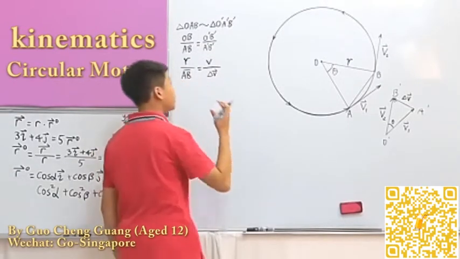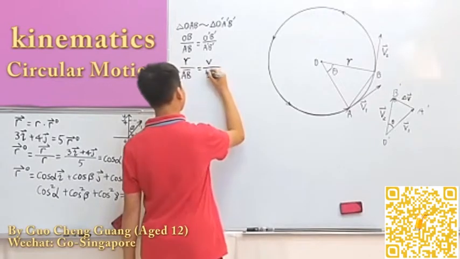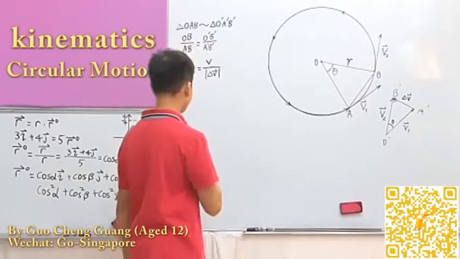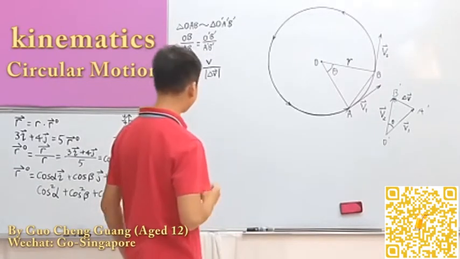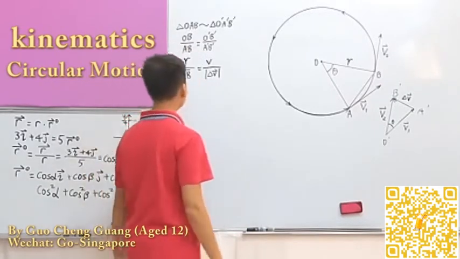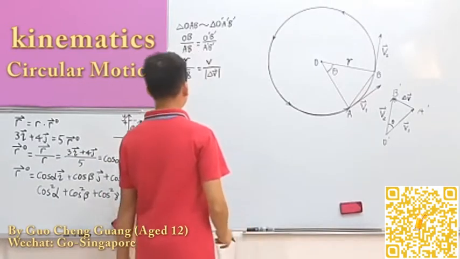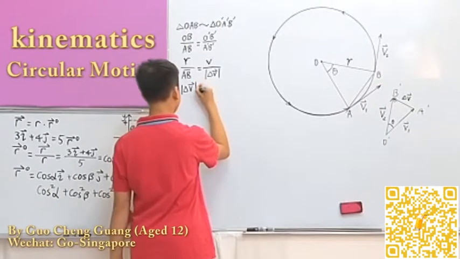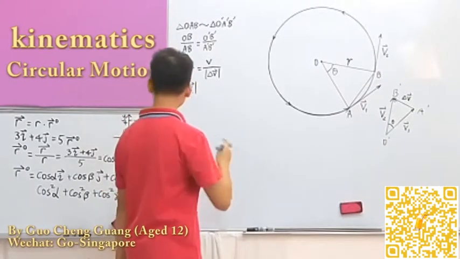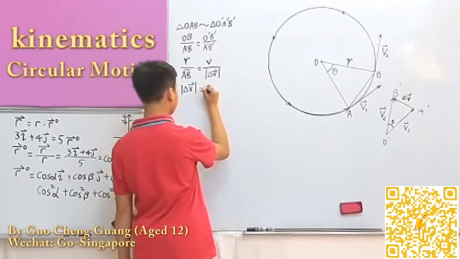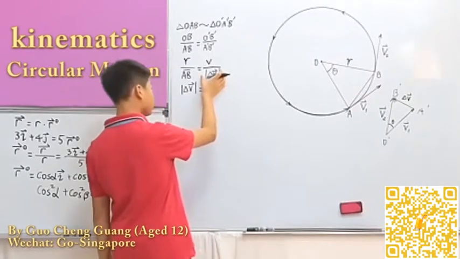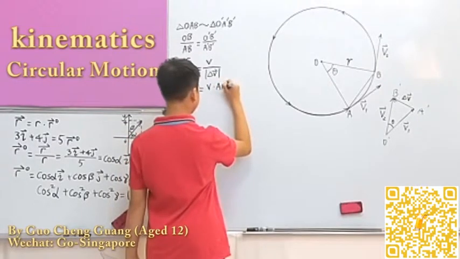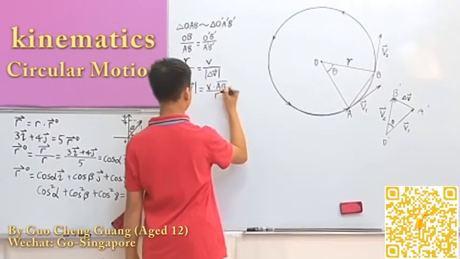So to make this a scalar, you put magnitude or modulus to take only its value for this part. So that's what we get here. Then next, what if we move this thing over to the other side? Okay, so this is what we have.